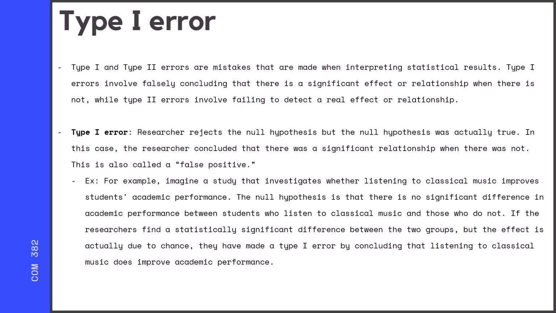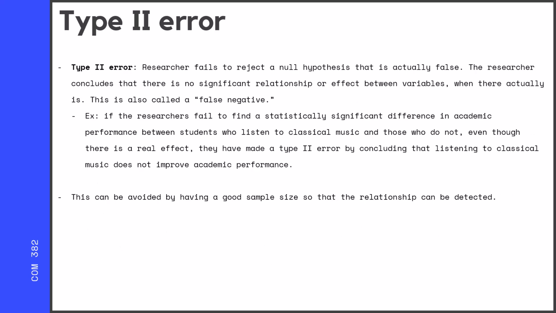relationship is there? A type 2 error is when the researcher fails to reject a null hypothesis that is actually false. This is a false negative. The researcher concludes that there's no significant relationship or effect between the variables when there actually was. So in this case, let's say the researcher failed to find a relationship between academic performance and classical music, but there is a real effect.